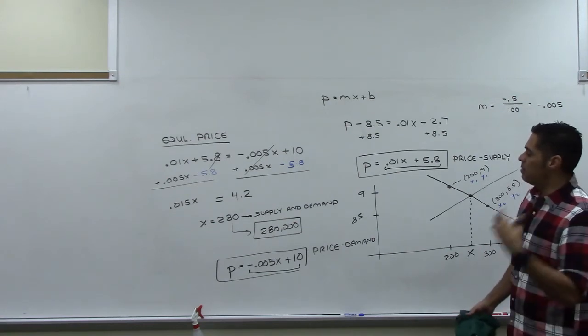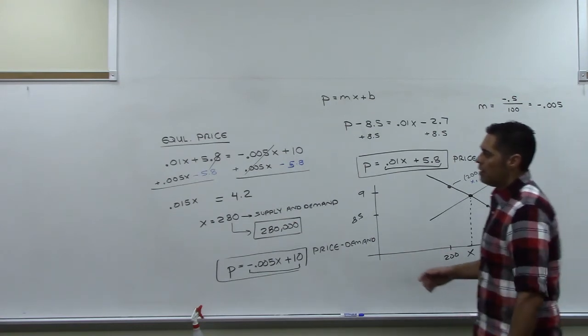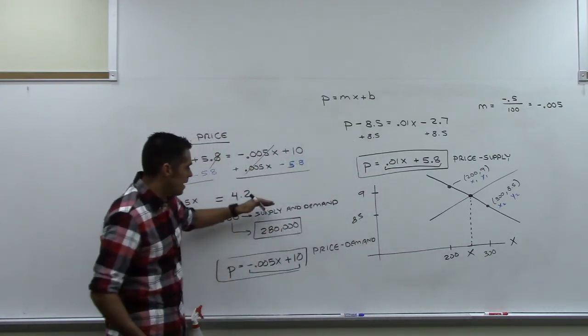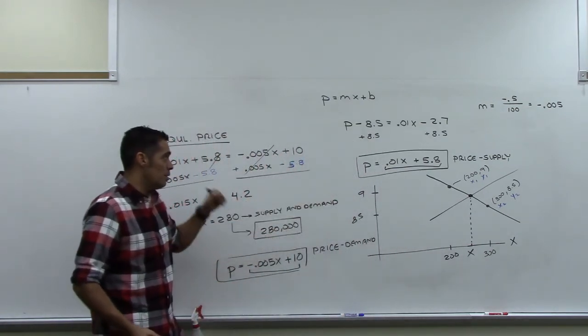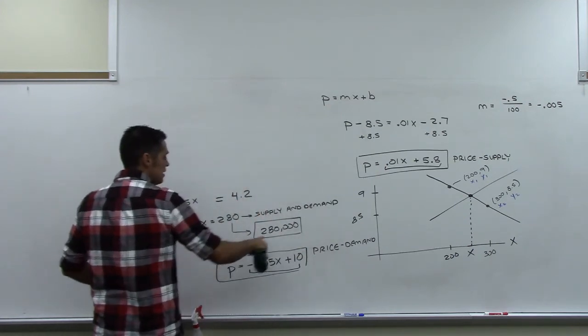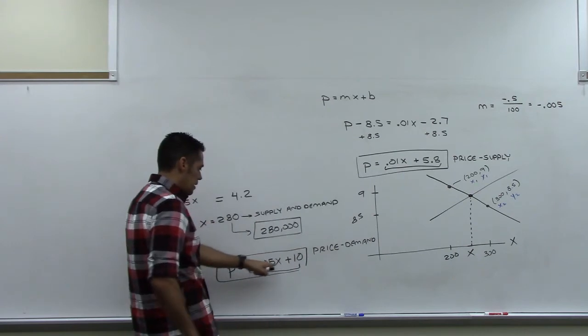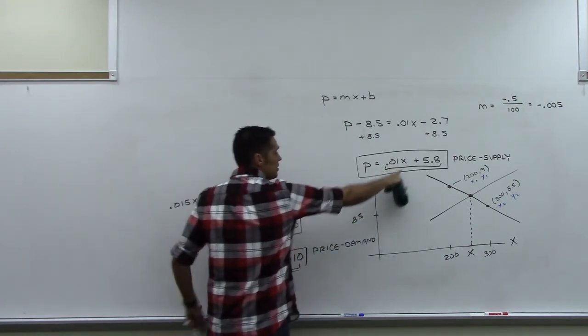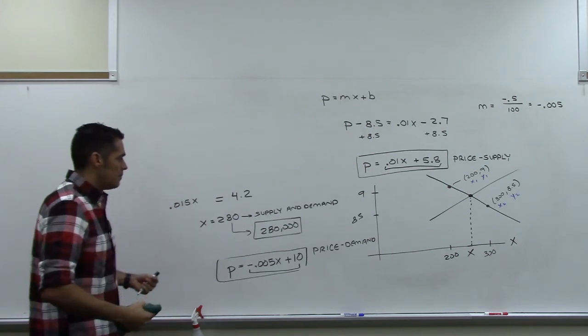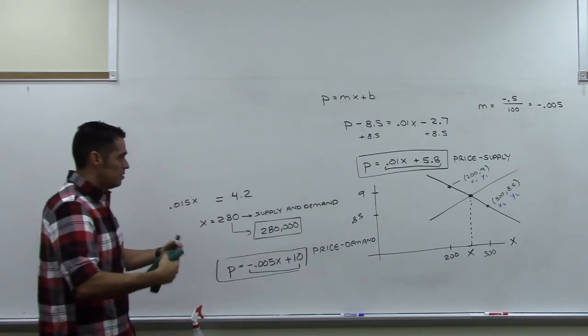But what is the price we need to set? We know that there's a certain price where we're going to get the same supply and demand. And that supply and demand will be 280,000, but what is the price? So to get that price, all I have to do now is take this 280 and plug it into here for X or here for X. Doesn't matter which one because they both give us the same result, all right? Because we set those equal to each other.